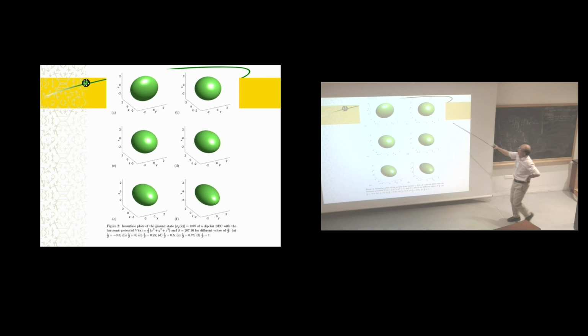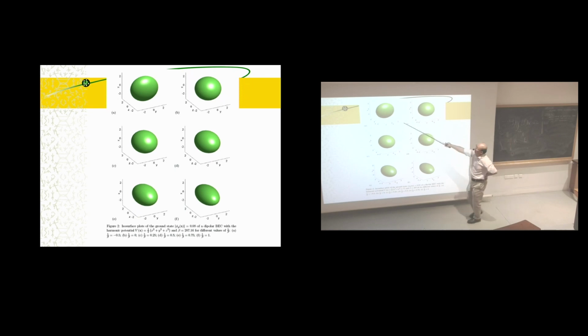This plot here is for a potential that is spherically symmetric, given my constant beta 207 and computing with lambda. Of course my n is 001, so this one is lambda equal to minus beta over 2. This is the contour plot of density, the isosurface plot.